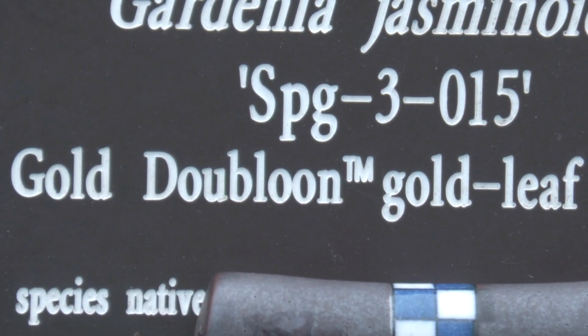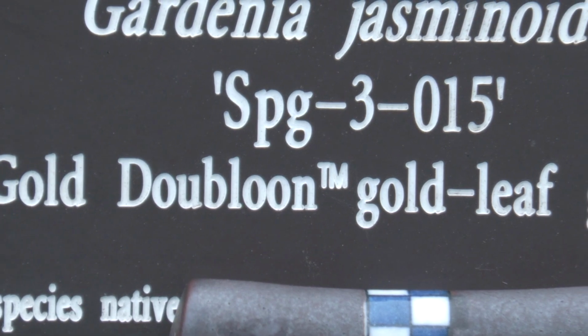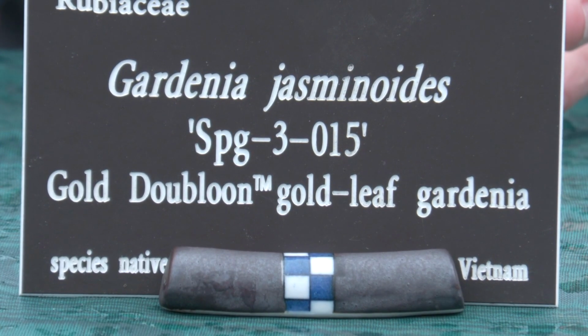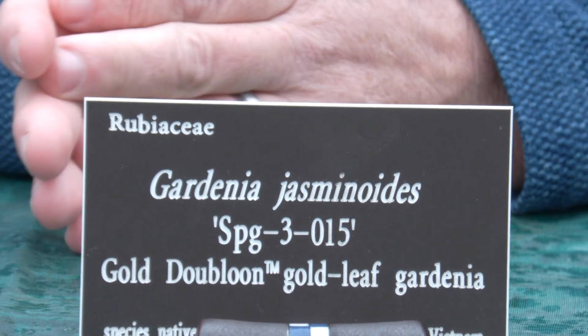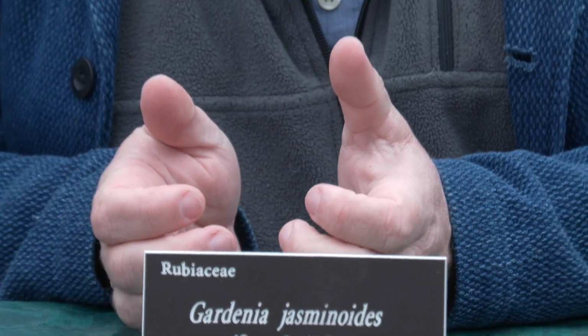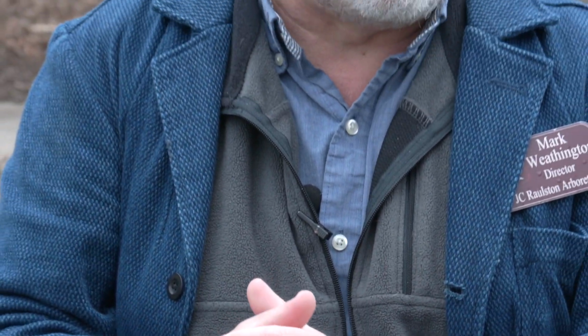It's a gold leaf gardenia. And so you could grow this, but with that trademark Gold Doubloon name, you need permission to use that trademark name. You can't just use it. So you could take this plant, SPG 3015, use that cultivar name and put your own, a different trademark name on it if you wanted. There's no stopping you from doing that.